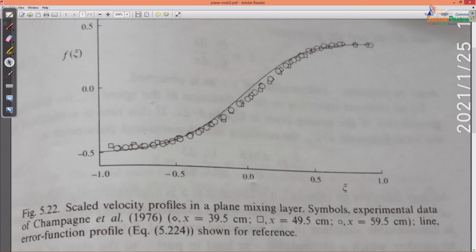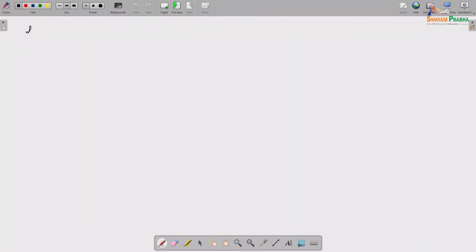Now this f of zeta is basically self similar. Now the spreading rate.